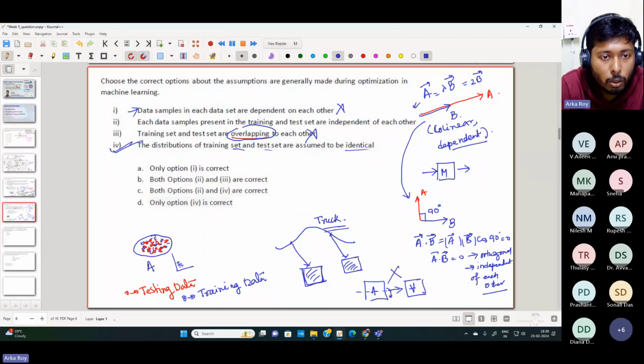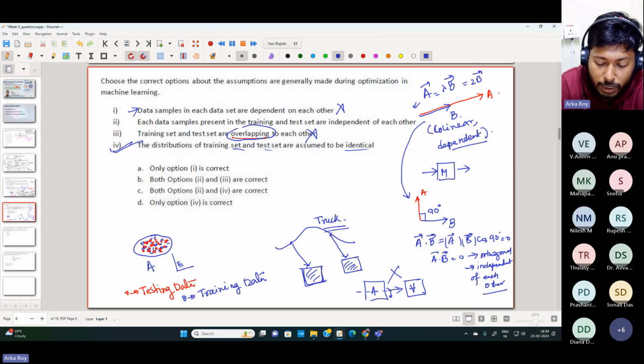So by that logic, option 4 is one of the correct answers. Then option 3 is also incorrect: each data sample present in the training and test set is independent of each other. That is what we talked about. We do not want something which is dependent on each other.